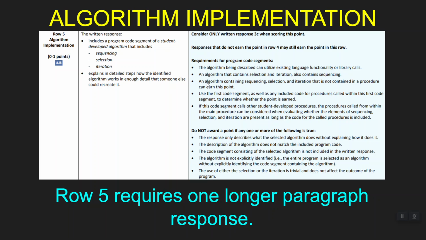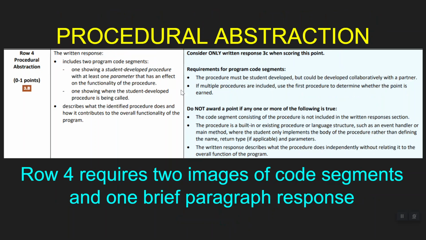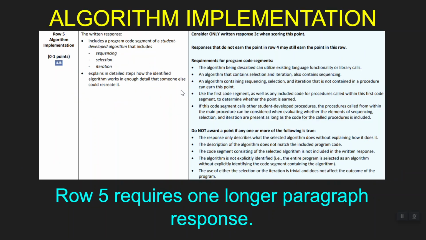And then another thing that I'll point out is it says an algorithm that contains sequencing, selection, and iteration that is not contained in a procedure can earn this point. So what that means is if none of your functions or procedures include a loop and if statements, then you can actually get a snippet of program code from elsewhere in your program and use it to earn this point, but that won't earn you both row 4 and row 5.